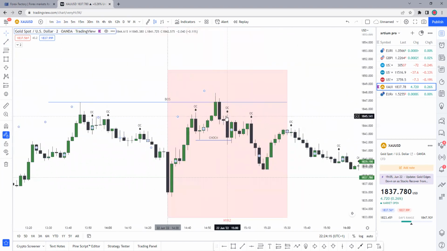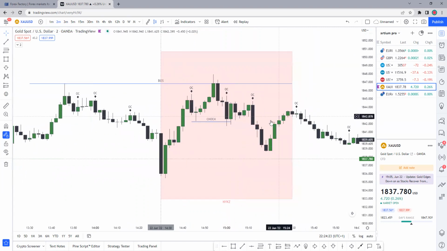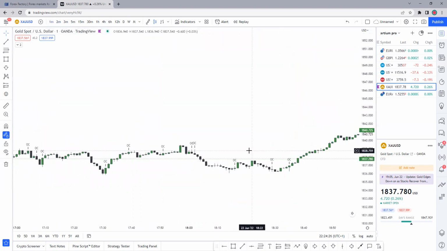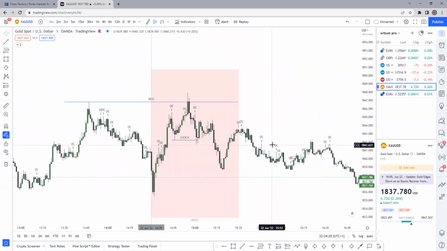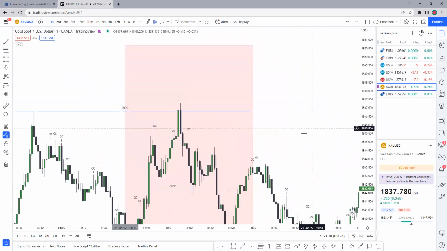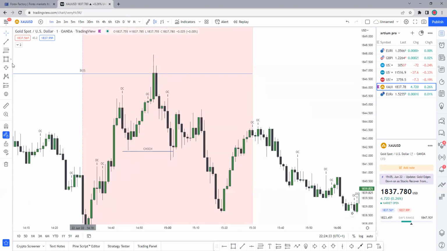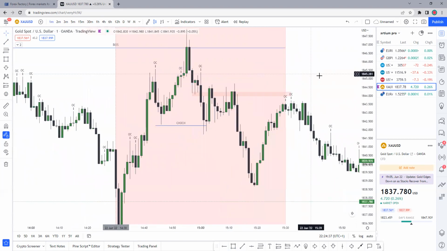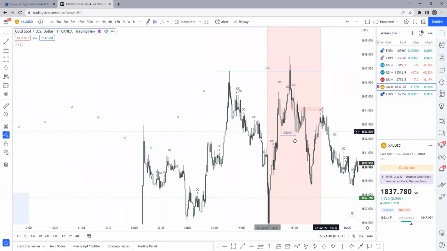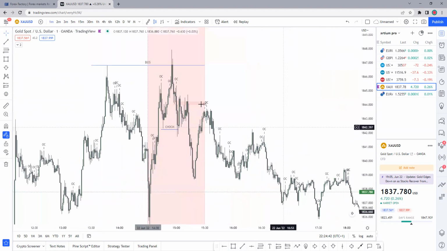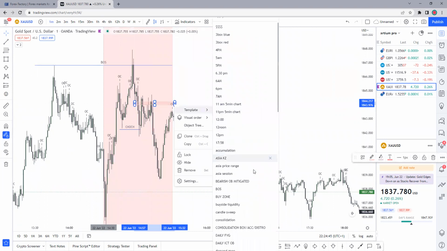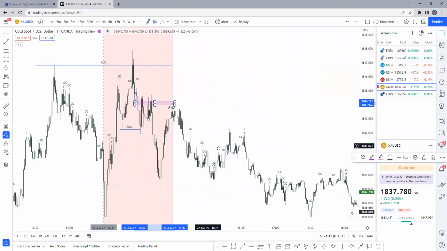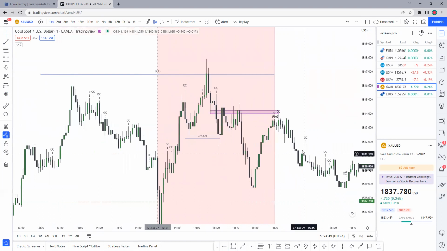And then price, as it's created the change of character, it's also swept liquidity out of this candle. You can see it there. And you've got a minor fair value gap in this area here, where you could possibly enter a short position. Around there.